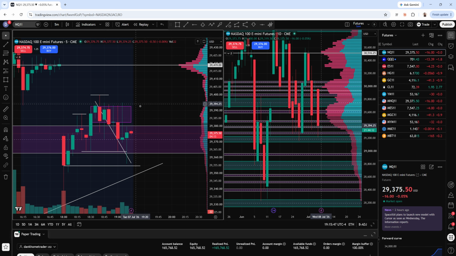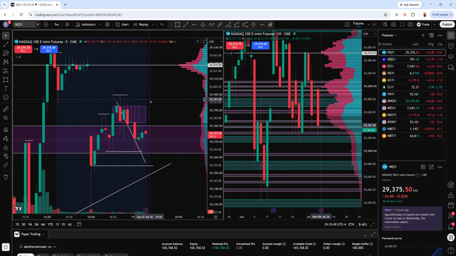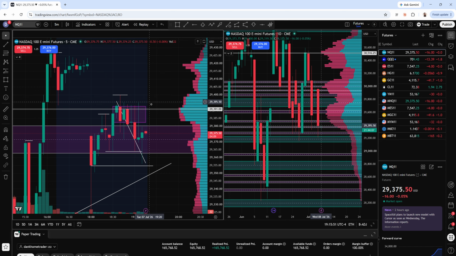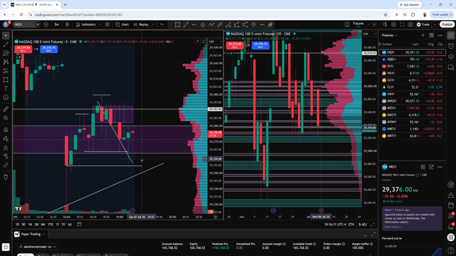So if we can push through that, then our pivot's kind of right here at 395, maybe 395. And that's because we had all these wicks. So if price can trade back through this level, which I don't know, we could come back up to here and fail and then just keep going down.